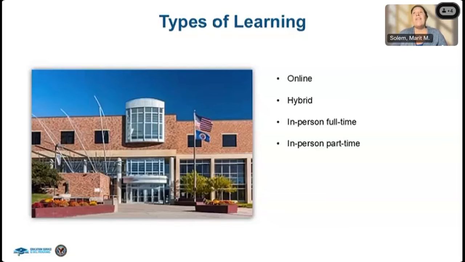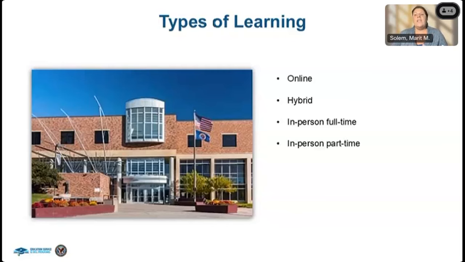So if you do choose to go to school completely online, that is going to impact your housing allowance. They also offer hybrid opportunities, where you do some classes in residence and some classes online.